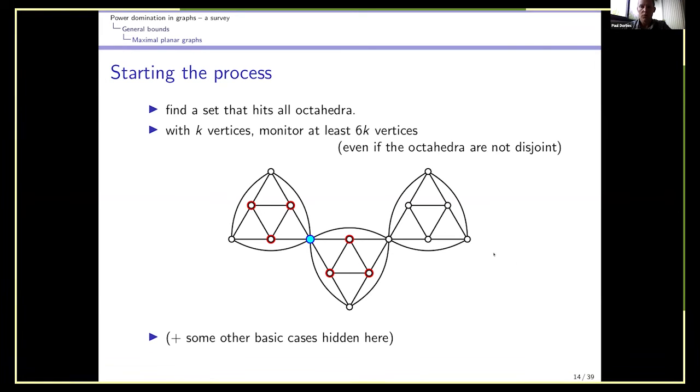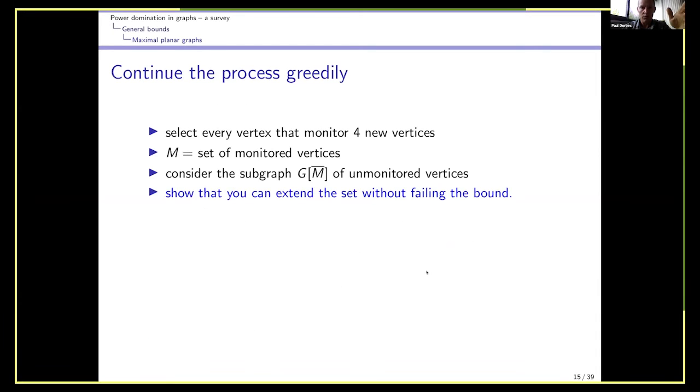In the graph, we can have some structures where no propagation is possible. So the idea now, iteratively, is to suppose we have an algorithm where we hit all the octahedra. Then every time we choose a vertex which will monitor 4 new vertices if possible, so we keep the n/4 bound easily.